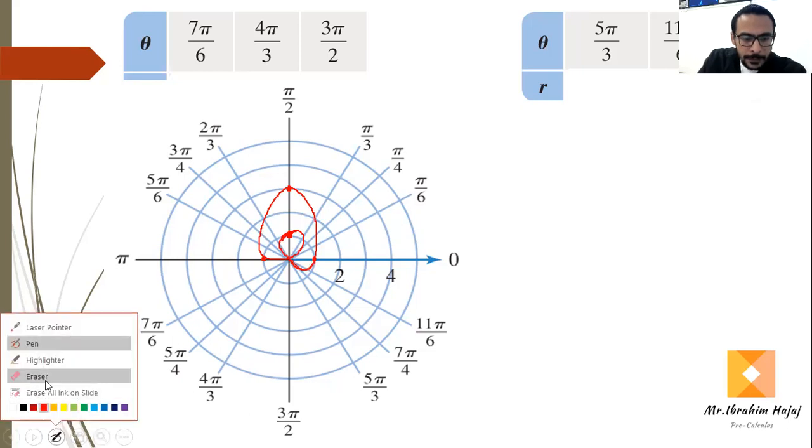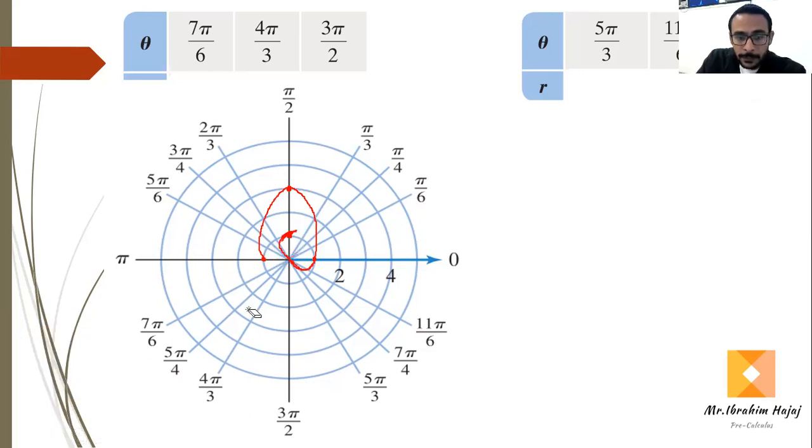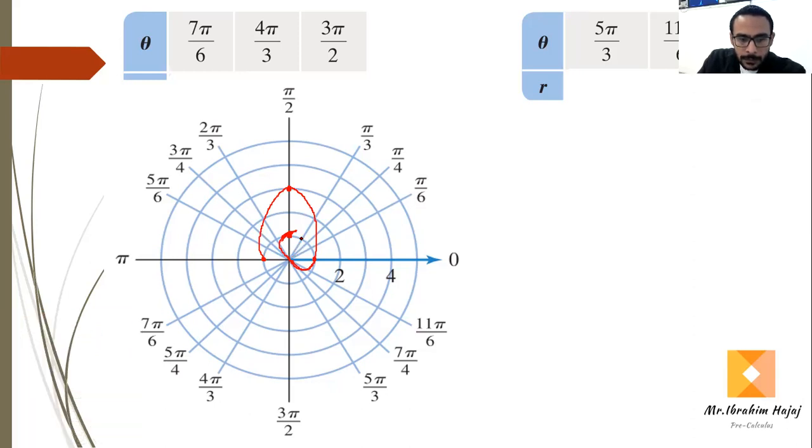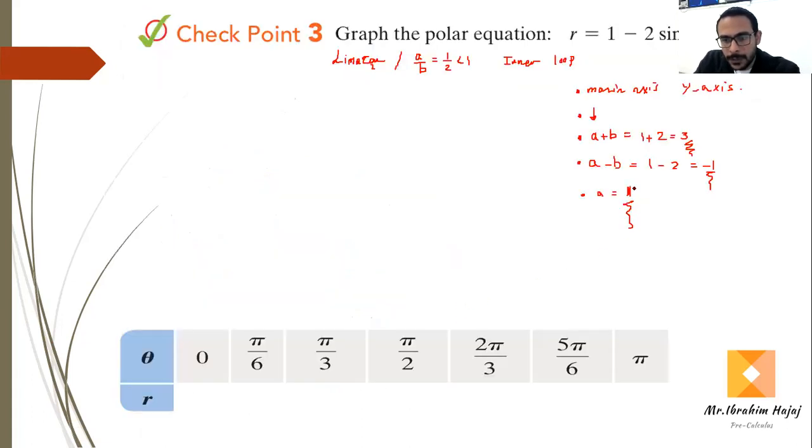But this part, sir, isn't it the negative part of the y-axis? Negative 1. Negative or positive part of the y-axis? You have to pass through the center and then connect. I think it is on the negative part of the y-axis, right? Yes. What part of the y-axis will you take, the positive or negative part?